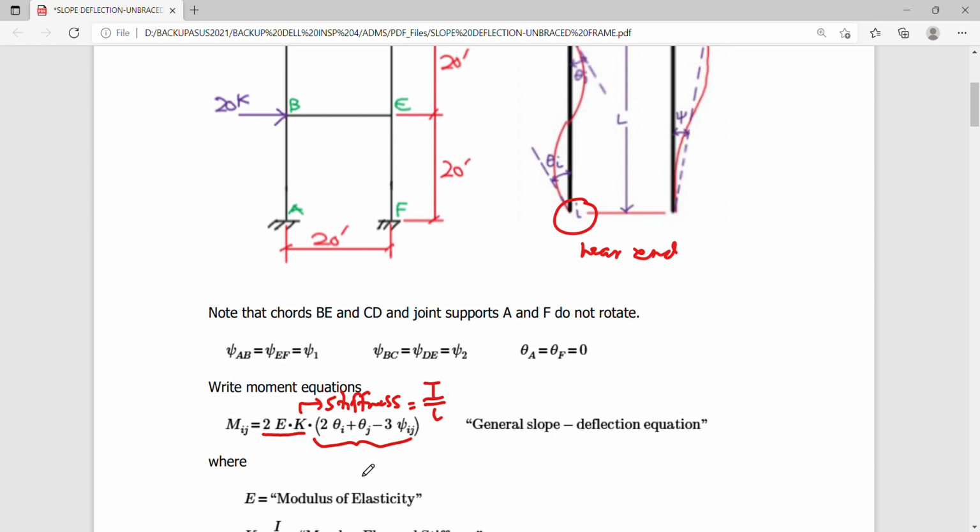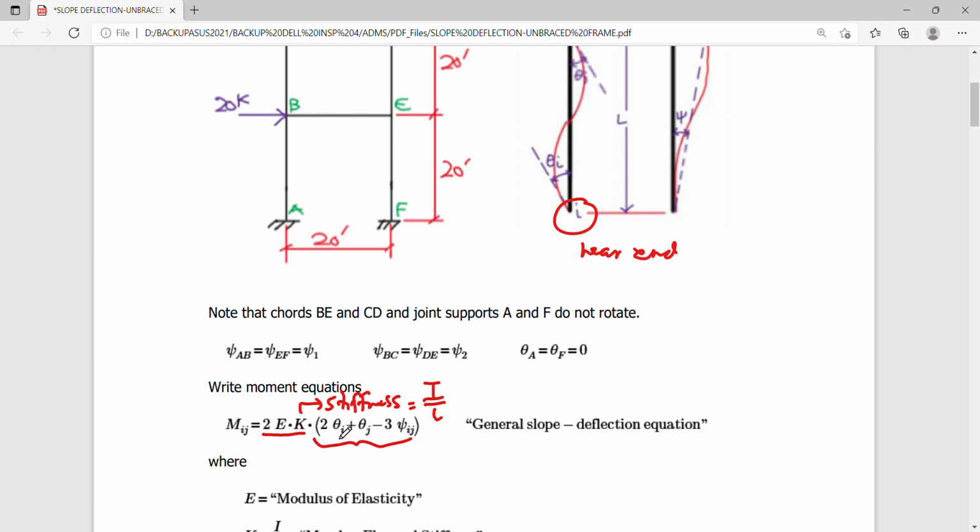which simply states that the contribution of the rotational degree of freedom at joint I is actually 2 times the angle theta I, while the contribution of the far end is only 1/2 of the contribution of the near end rotation.